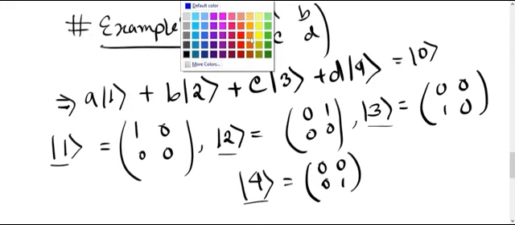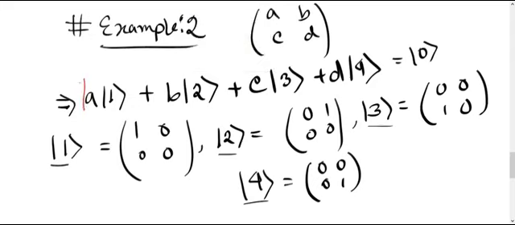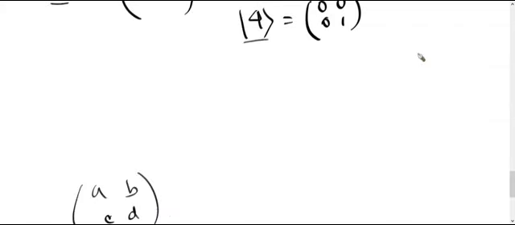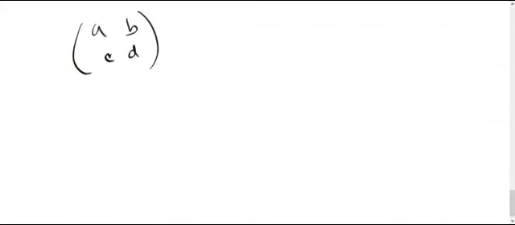Let me just highlight it. So this corresponds to this matrix, and this zero vector, this null vector over here, would actually correspond to a zero matrix.